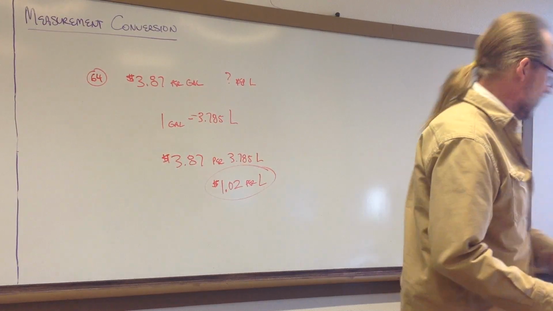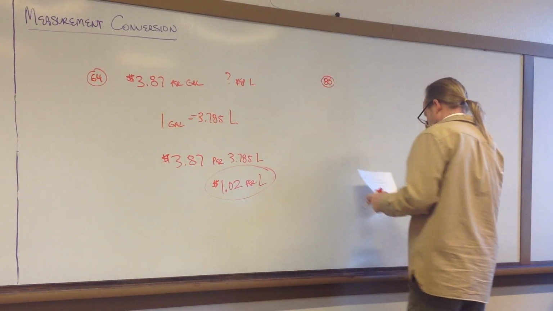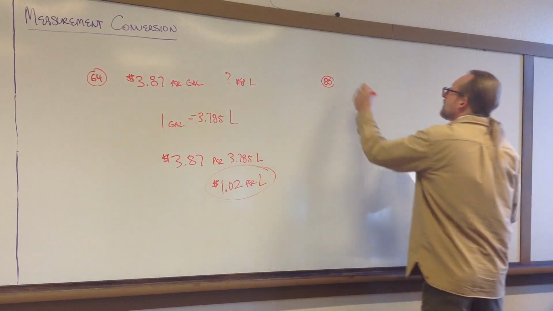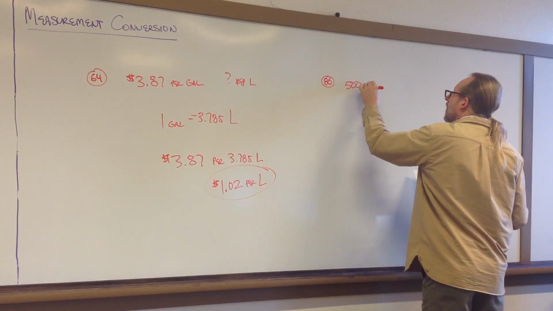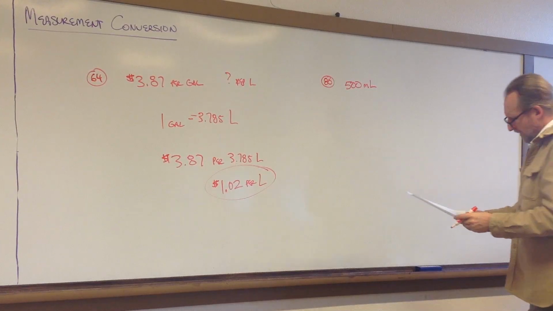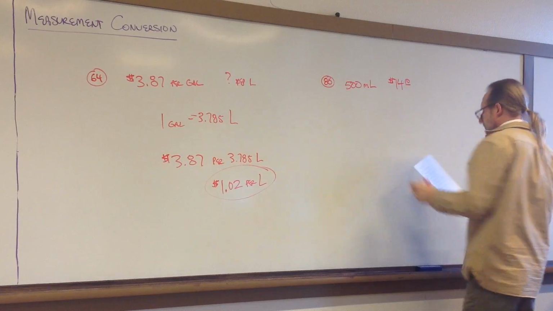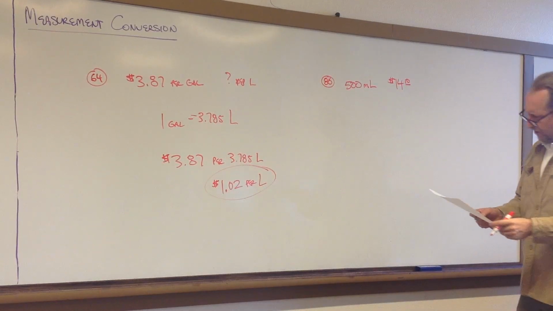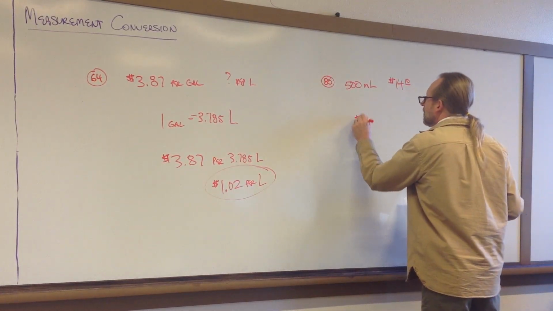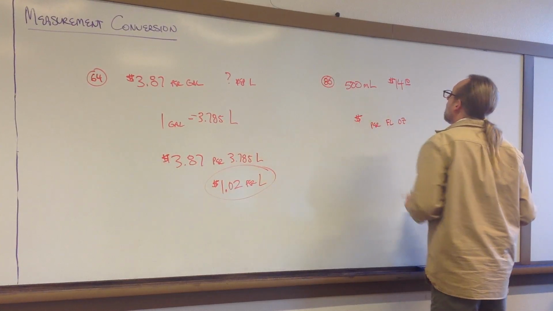All right, let's look at the last one on here, problem 80. What do we have? 500 milliliters of acetone alcohol costs $14.10. Find the cost per fluid ounce.